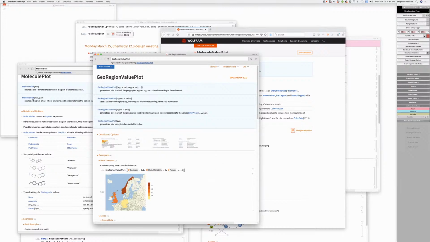Okay, so the concept here, molecule value plot, is a perfectly sensible concept: each thing here, instead of just being a highlight, is giving a value. And so then the form will be very much the same as this, except the first argument would be a molecule, or you could give molecule arrow and then a property, and it would compute that property for each element of the molecule, just like it does here.